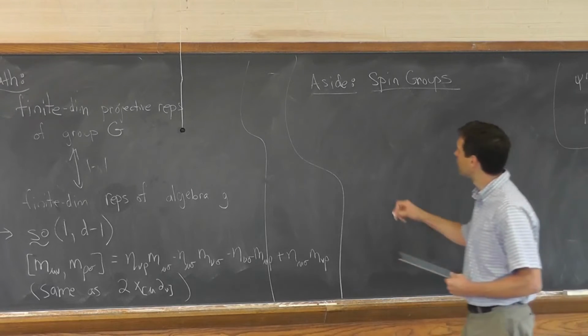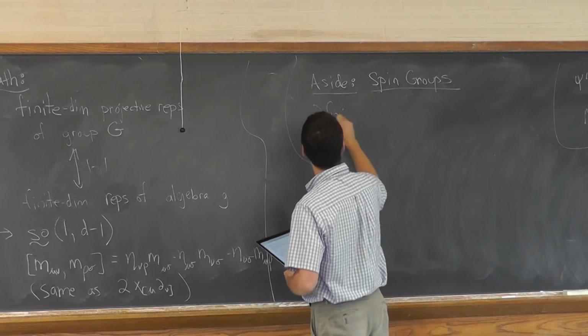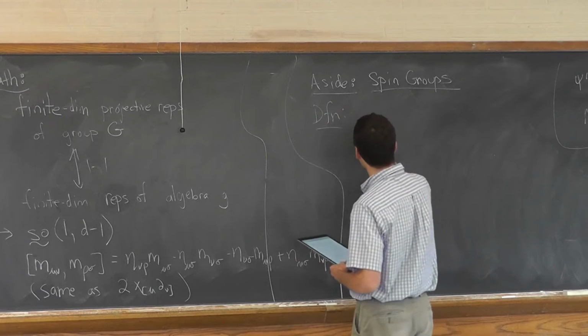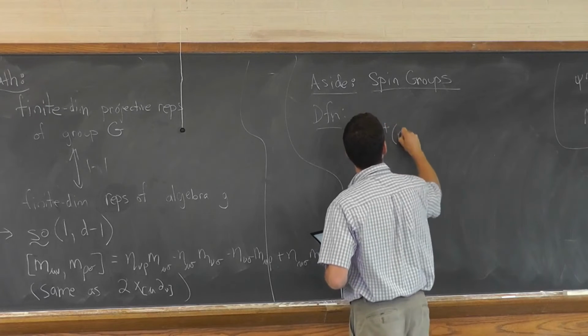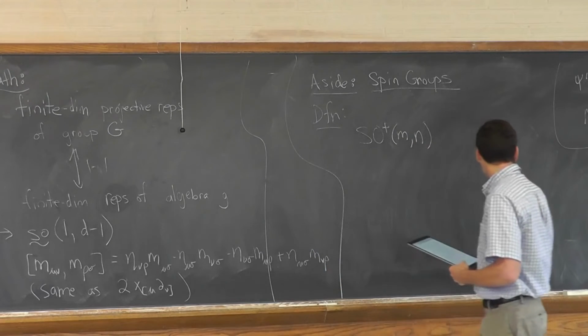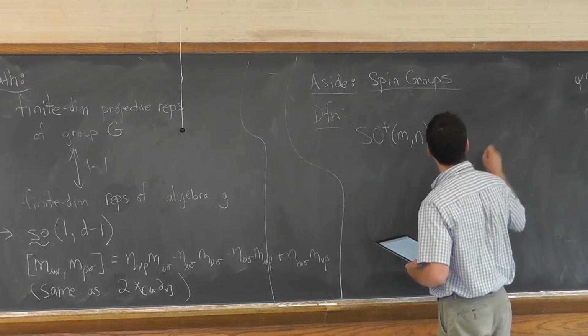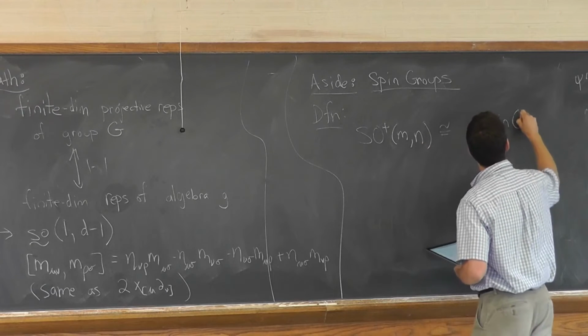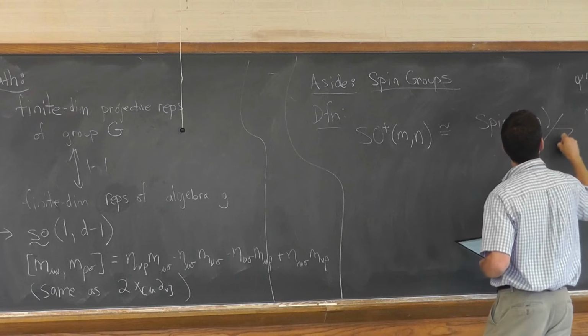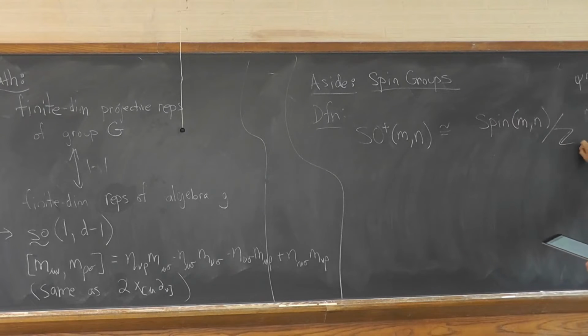So the definition, for our purposes, is just that if you take the connected component of an orthogonal group, then it's locally identical to the spin group, but the spin group covers the orthogonal group twice.